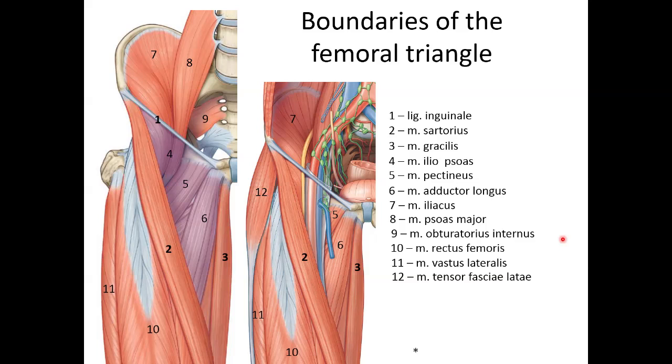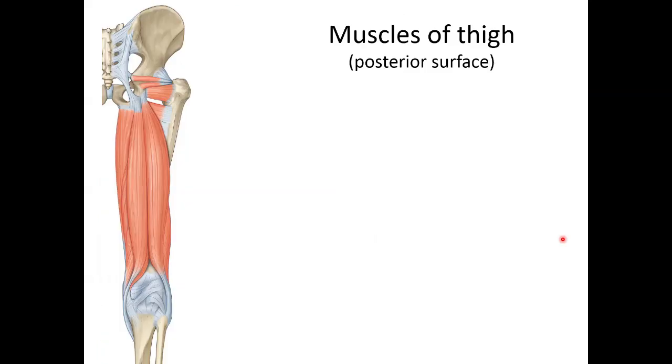And now let's again return to the posterior muscles of the thigh in this picture. What can we find here? Number 1 is musculus semitendinosus, number 2 is musculus biceps caput longum, number 3 is musculus biceps caput breve, and what is this number 4?